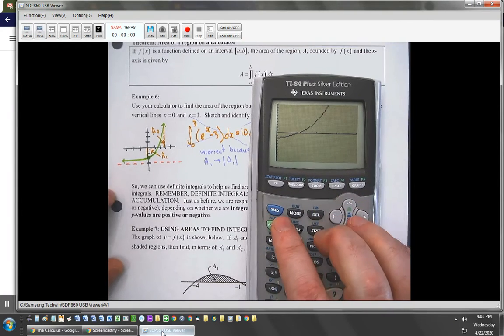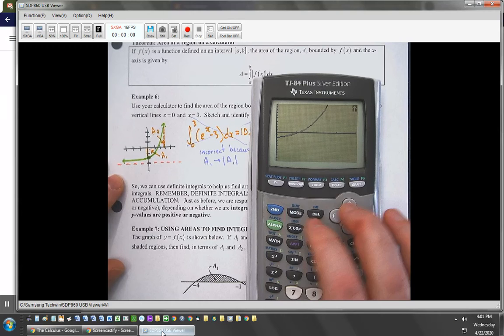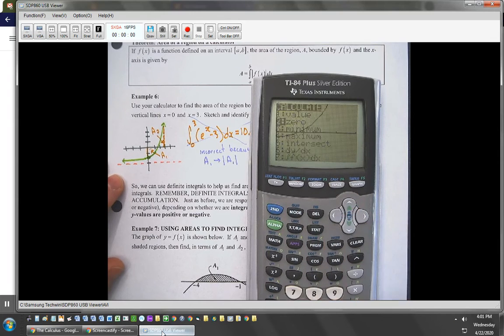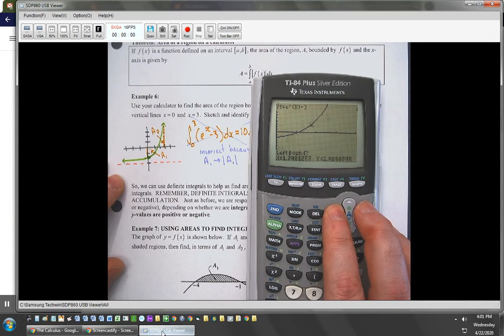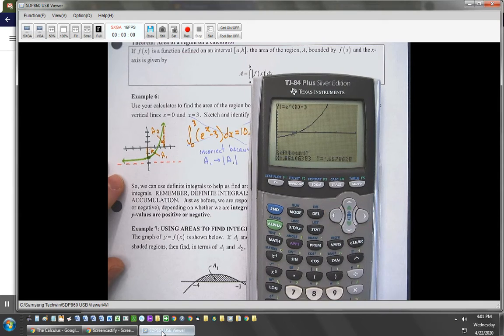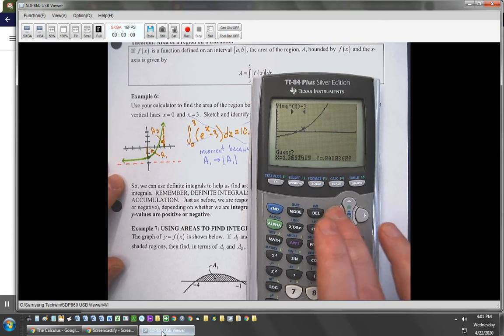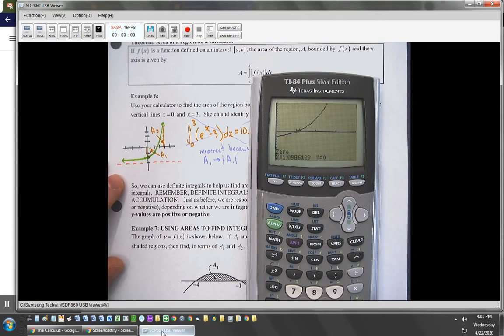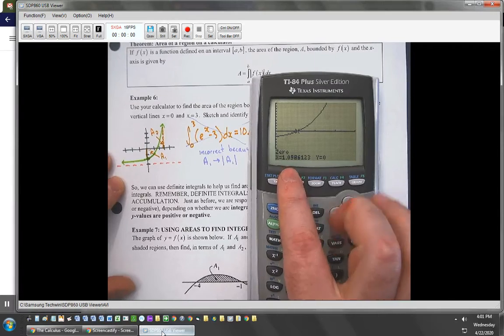What do we call that thing? Yeah, it's called a 0. So I can go into my calc and find my zeros. We've done this a million times. Enter. Enter. Left bound, right bound, hit enter. Okay, so now I'm going to save that.